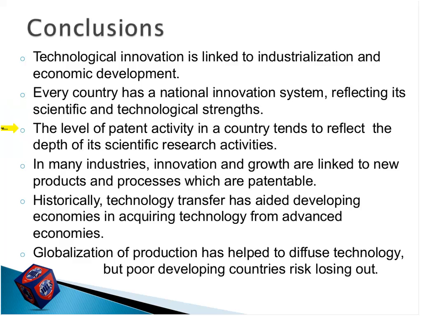And we all know that China is the best economy because of its copying. So they don't have anything new. They don't have much scientific research. Most of it is just copying and doing the reverse engineering, which we discussed a few slides back. In many industries, innovation and growth are linked to new products and processes which are patentable.